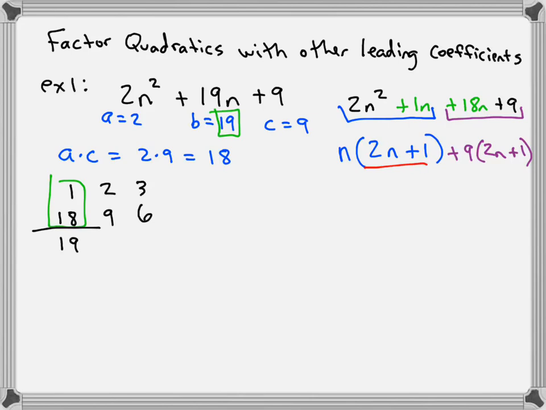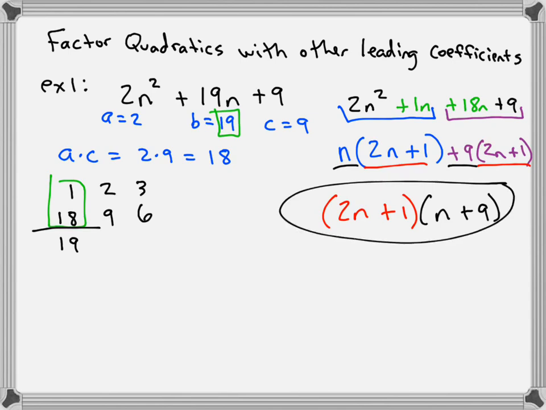If we did this correctly, those pieces inside the parentheses should be the same. They are. So we can copy that down, 2n plus 1. And what is left was those two outside pieces, the n plus the 9. And we just factored this quadratic.